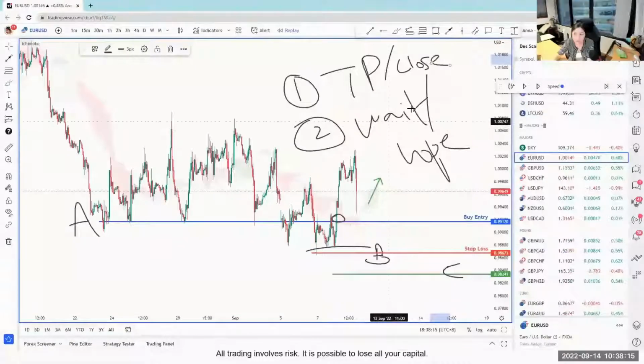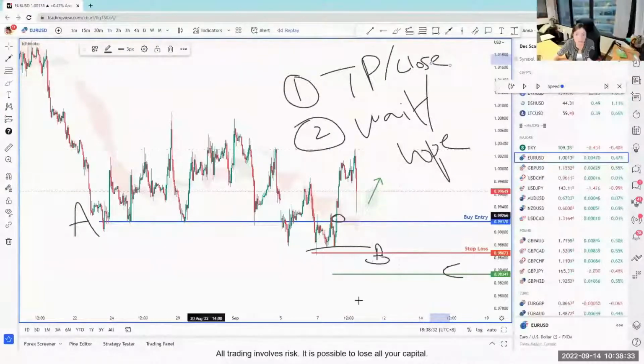Yeah, most of us would actually wait because we have spent so much time entering and analyzing a trade that we want our trade to be correct. So most of us will wait instead of take profit or close the position.